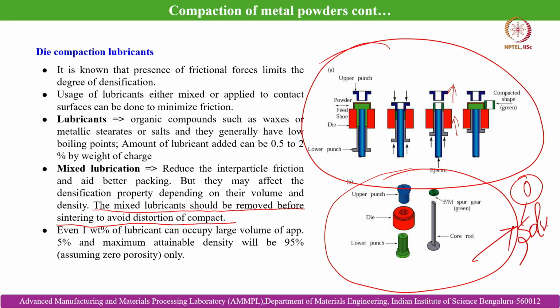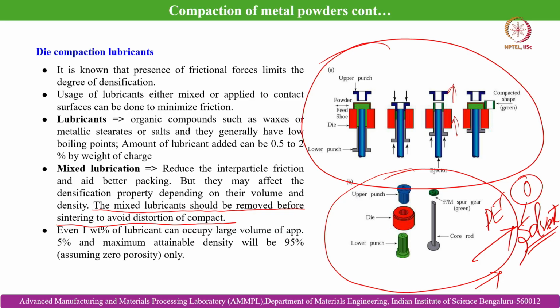That can be achieved with an appropriate solvent capable of dissolving the polymers, and even in the case of organic polymer based additives or lubricants, we can use water as the solvent.